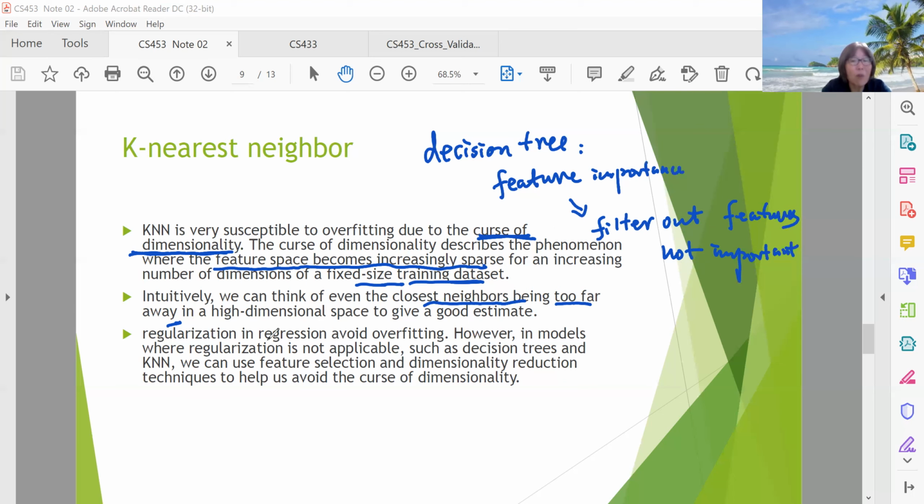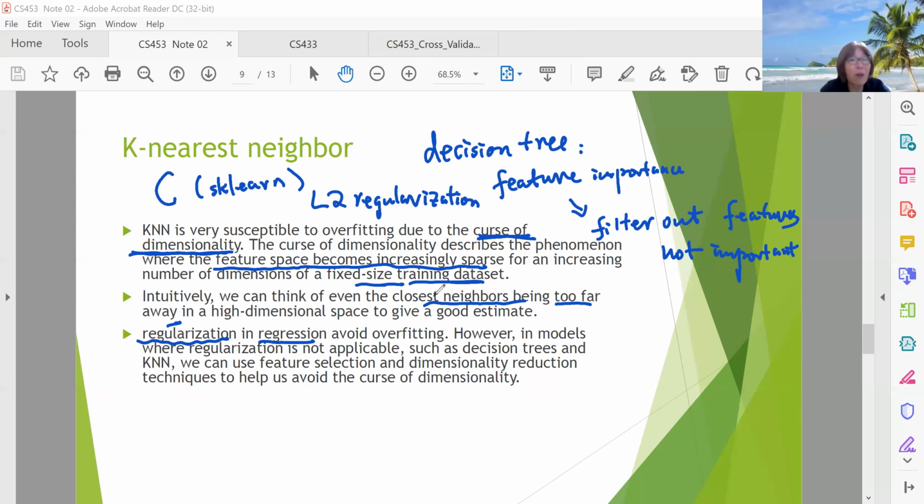Also, if you recall, in logistic regression we learned regularization through the parameter C in sklearn, the L2 regularization.